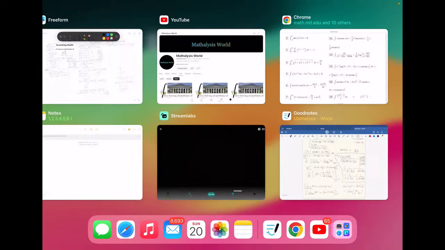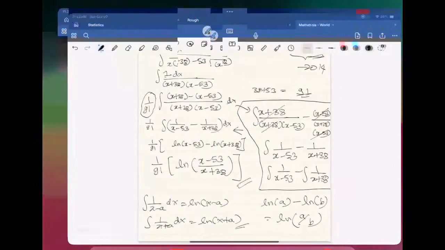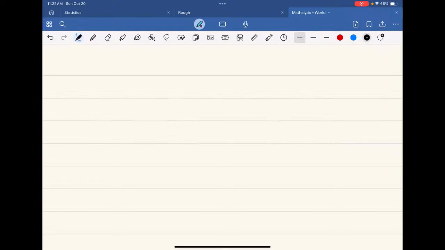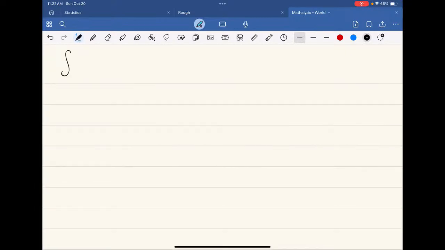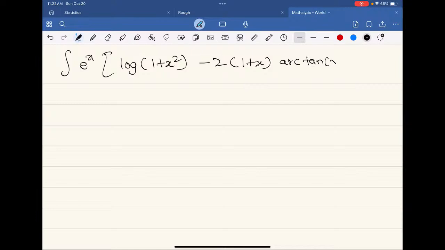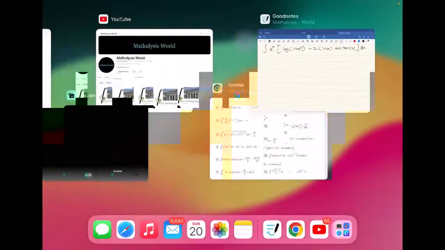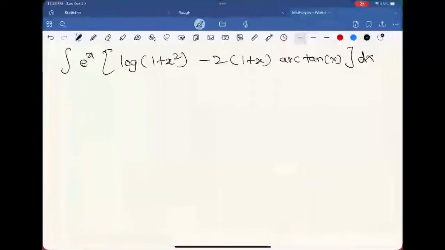The integral of e to the power x times log of 1 plus x square minus 2 times 1 plus x arctan of x dx, right? Now let's try to solve this one.